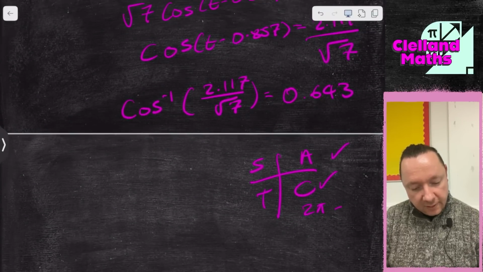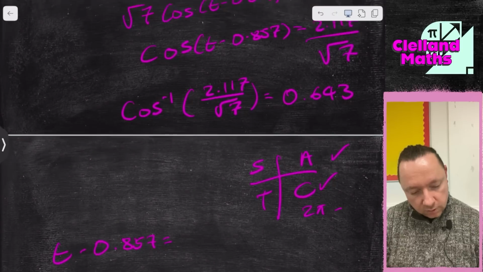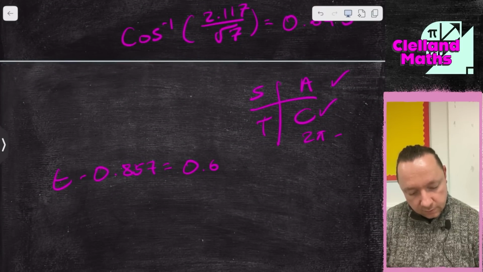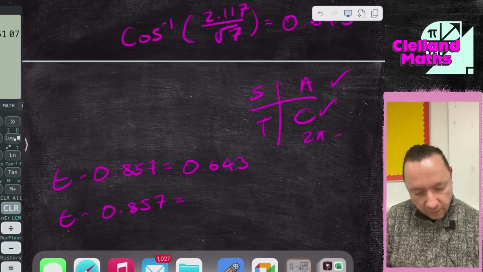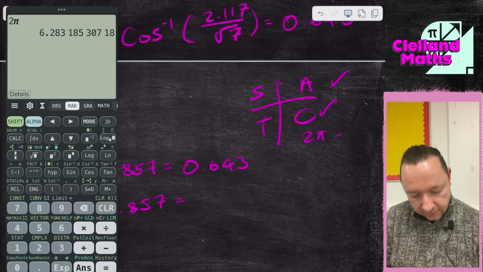So we get t minus 0.857 equals 0.643, or t minus 0.857 equals 2 pi, I can already see that's going to be too big, minus 0.643, which is 5.640.